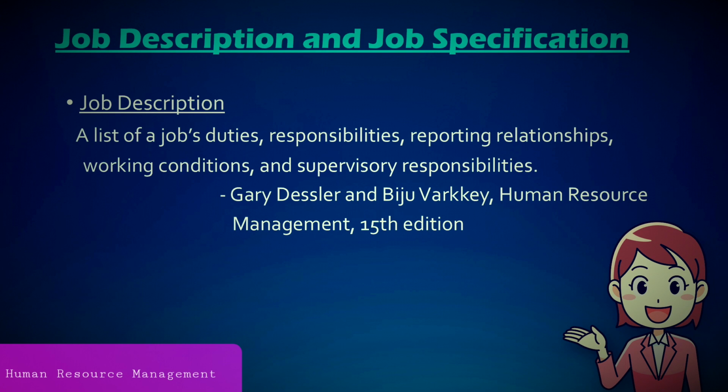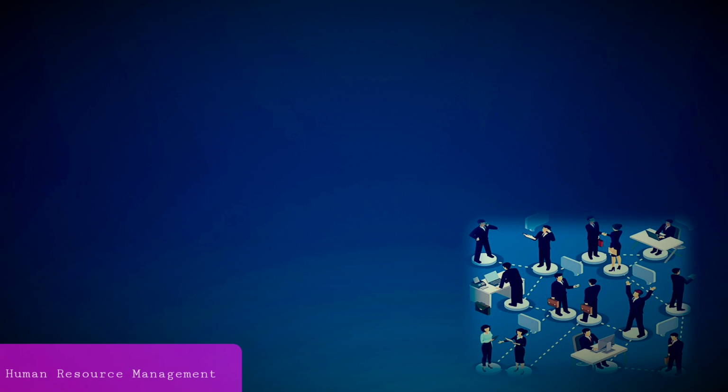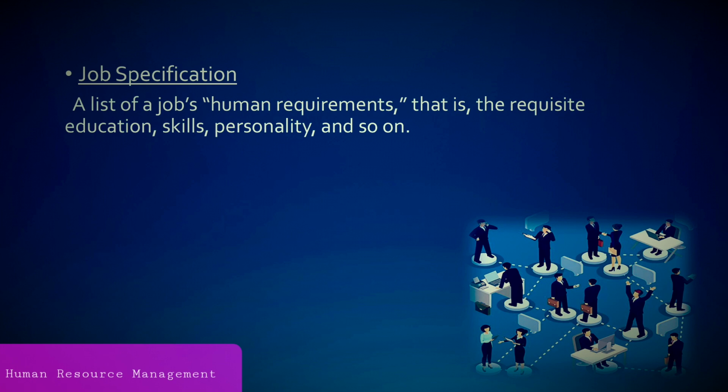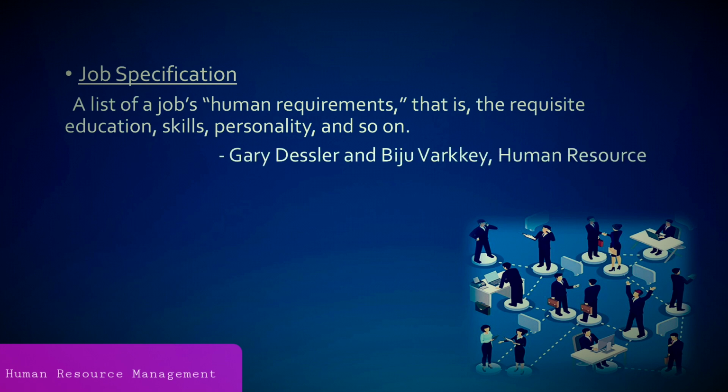This is used as the basis for job evaluation and also as the basis for a contract of employment. On the other hand, job specification, which is also known as person specification, contains a list of required educational levels, qualifications, competencies and skills that are required from a particular job holder in order to perform his job satisfactorily.